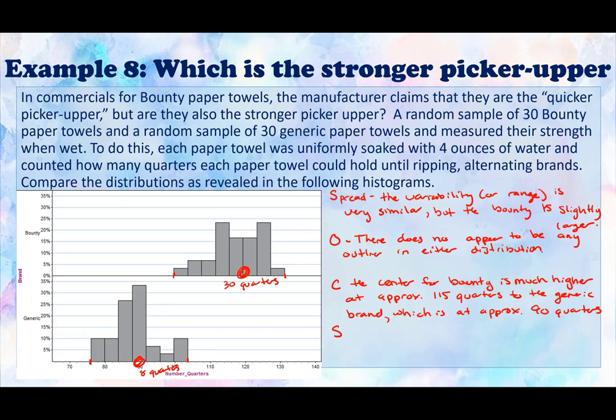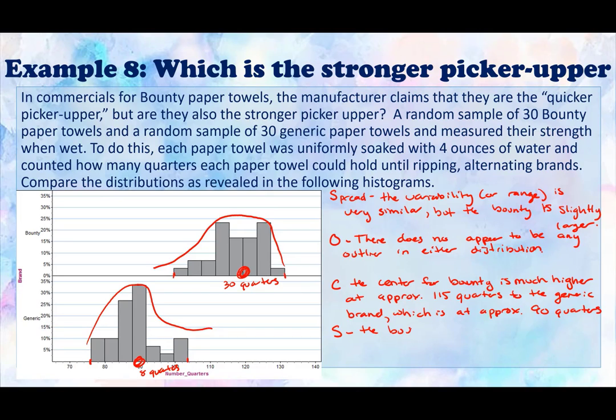Okay, and the last thing we need to look at is the shape. So let's look at the shape of both of these. If you look at the Bounty, it looks like it's just ever so slightly skewed towards the left. And if you look at the generic, it's almost roughly symmetric. So that's what we're going to say.